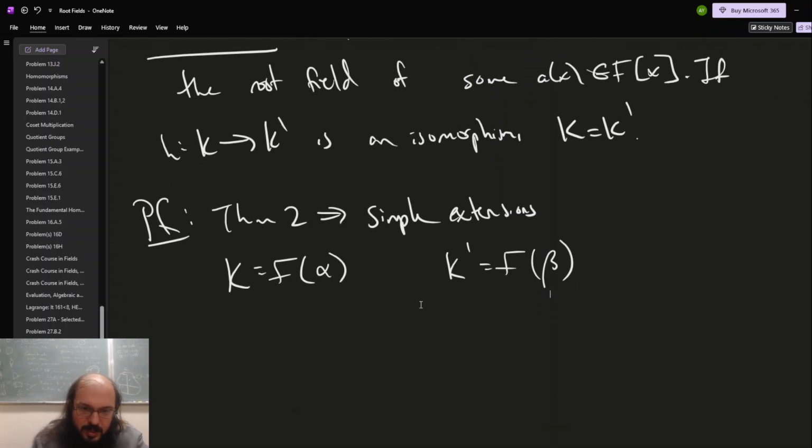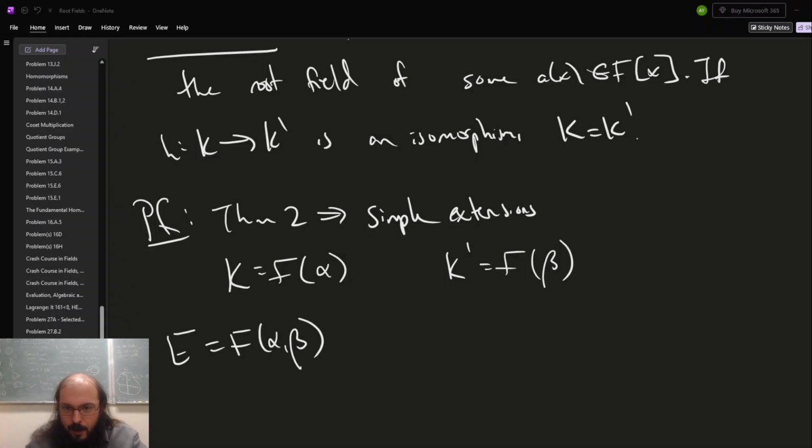What we know is that E extends them both, right? Where E is F(alpha, beta). Because of what we were just talking about, h has to send everything in K to some K prime. And that gets us one containment. On the other hand, the same works in the reverse because the inverse is also an isomorphism.